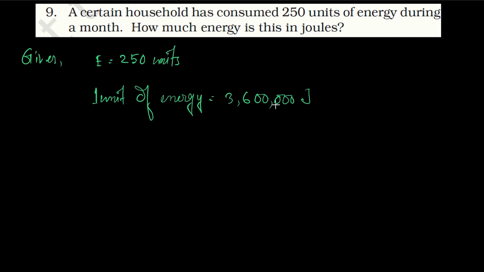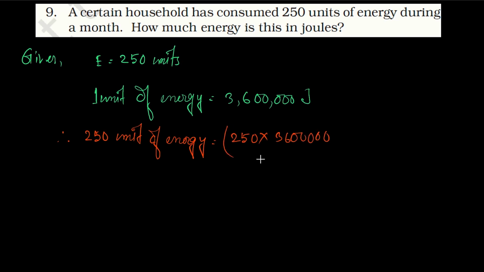This is the value for only 1 unit of energy. Now, how much energy do we have to calculate? It is 250 units of energy. So 250 units of energy is equal to 250 into 36 followed by 5 zeros, in joules.